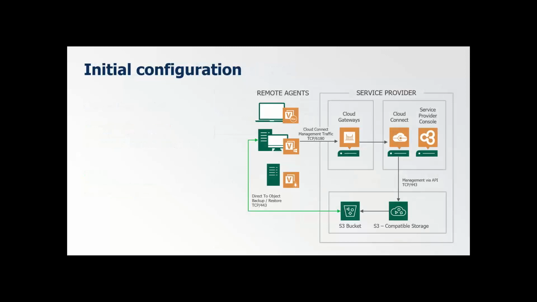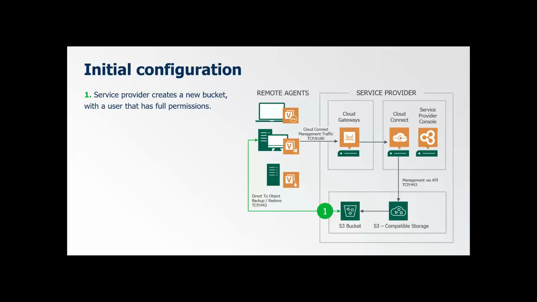Once we have done this, we are going to be in a scenario like this. So we got all our remote agents, we got our Cloud Connect environment, and we have the object storage where we already created an S3 bucket. We explained before the management traffic is going through Cloud Connect. The backup traffic is going to be direct to object from the agent to the S3 bucket.